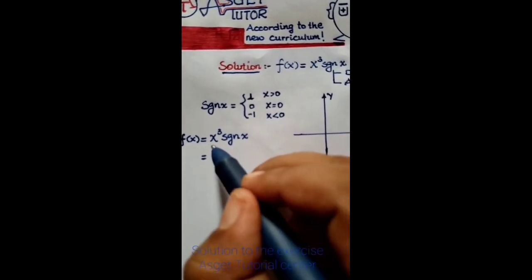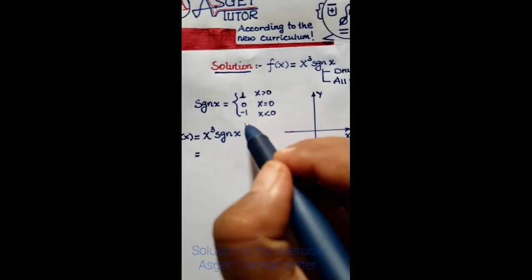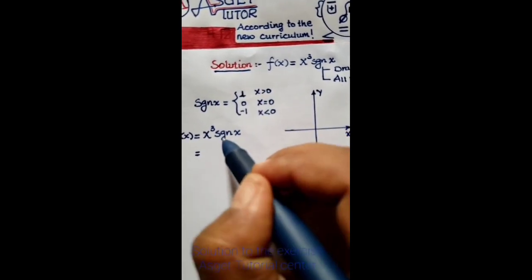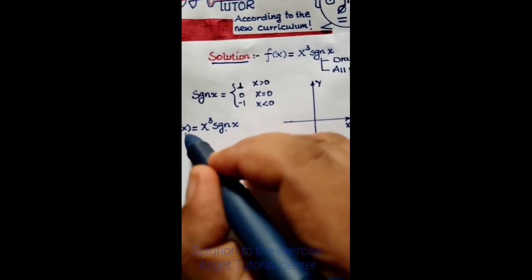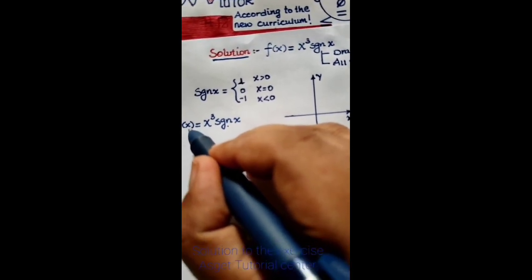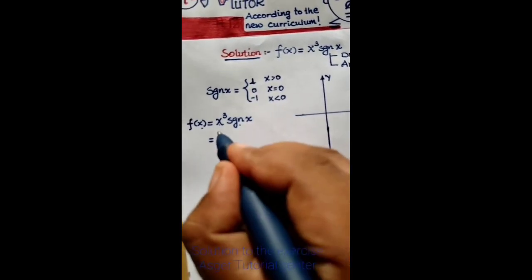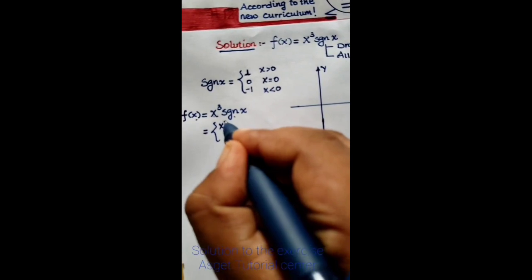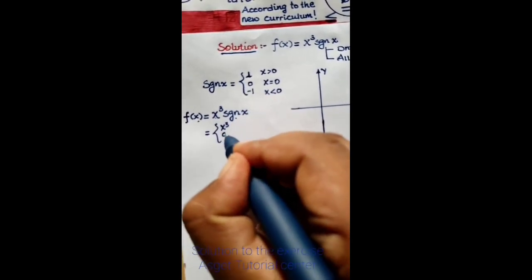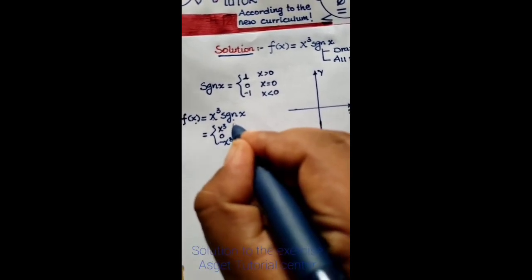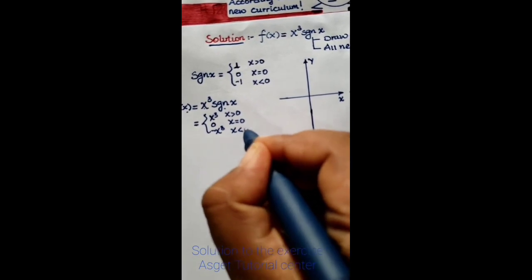Now, so as to explain mathematically, x cubed sine mx is a matter of multiplying the component function of sine function with x cubed, and we can rewrite f of x equals x cubed sine mx as x cubed multiplied by 1 is just x cubed, multiplied by 0 is 0, x cubed multiplied by -1 is -x cubed, and the domain is the same as that of sine mx, that is for the positive domain and for x equals 0 and for the negative domain.